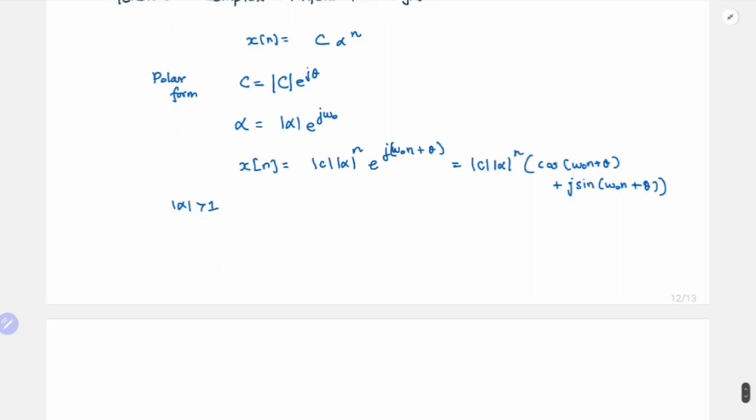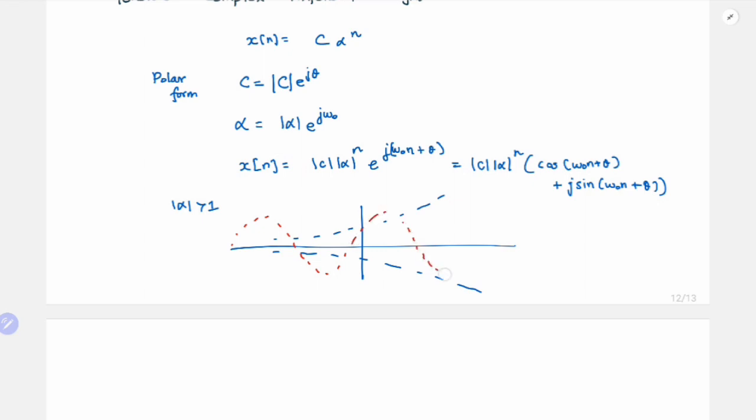And your real part is having some cosine of omega naught n plus theta variation. So let's plot it. First thing we need to observe is that it is growing exponentially, and then we have the sinusoidal variation. Okay.